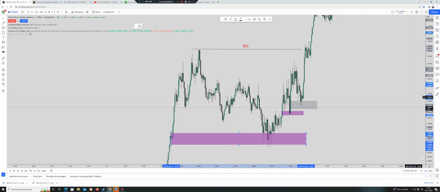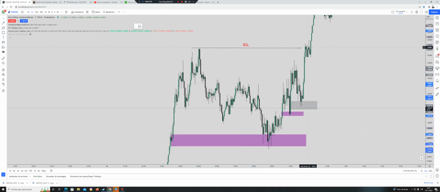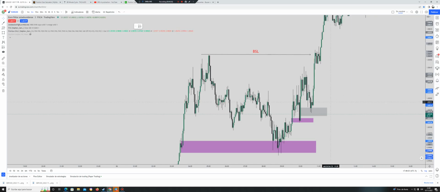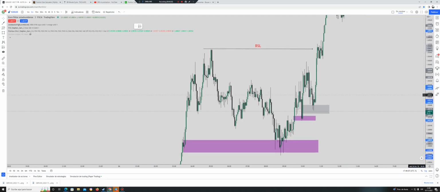Like I told you, there is not much logic behind this one. The one before, there is a lot of logic behind it, but this one is only a context. Is the price most likely to go up and take a high, or most likely to go down and take a high?